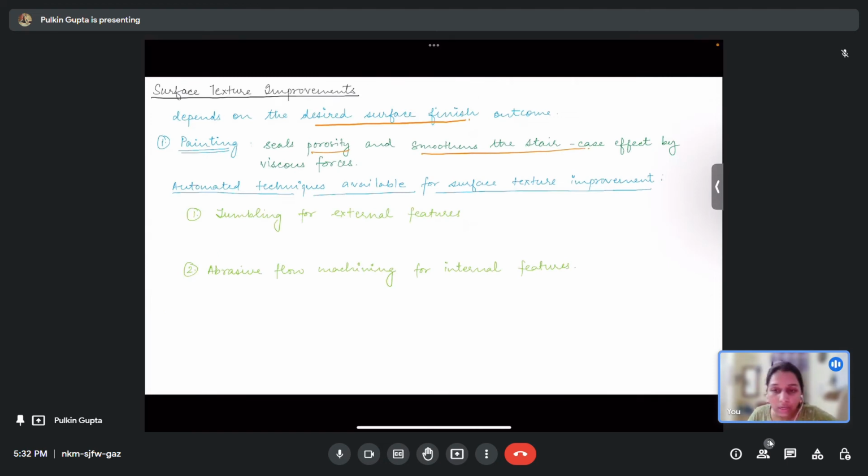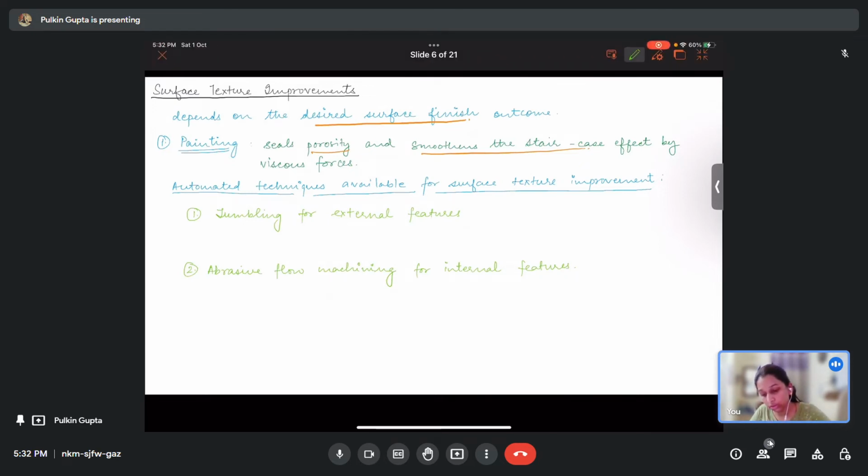Now there are some automated techniques available for surface texture improvement. One is tumbling, for finishing external features. Here you put your component in a tumbler, and that tumbler is filled with abrasive or finishing powders.